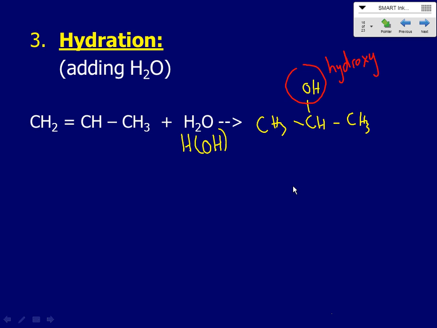So we treat it just like a bromo or a chloro or a methyl or a phenyl. What's this going to be called? 2-hydroxypropane. And again, this is the major product. Okay? And we'll deal with the OHs a little bit later on as we keep going.